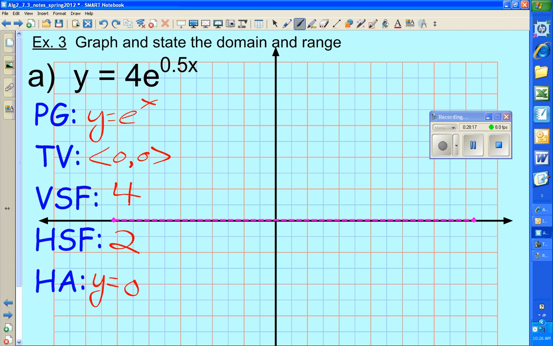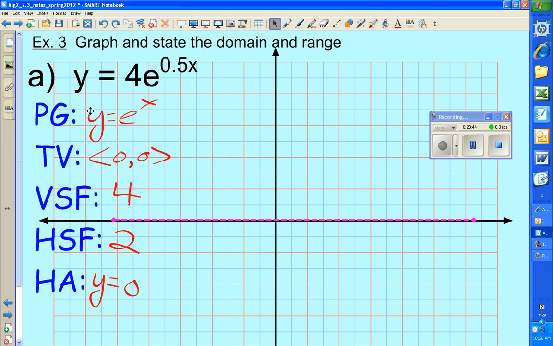Just do it on the calculator. Get that decimal. Sometimes it's a decimal, sometimes it's an integer like this one. But it's always 1 over whatever you're multiplying x by. Okay? Or you could turn this into a fraction. The 0.5 as a fraction would be a half. And then take the reciprocal.